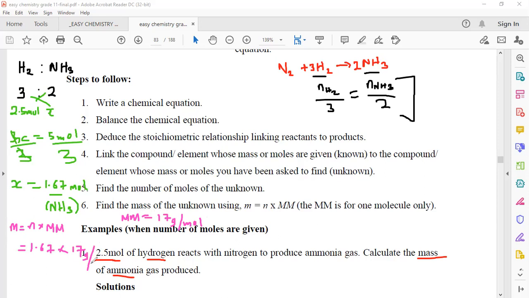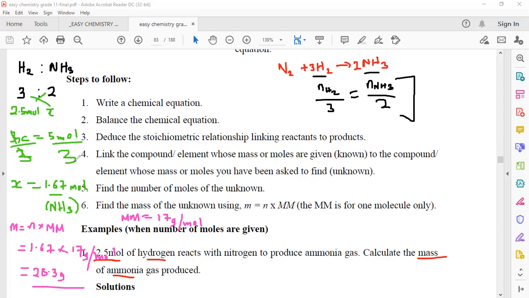When we do the math, this gives us 28.3 grams.